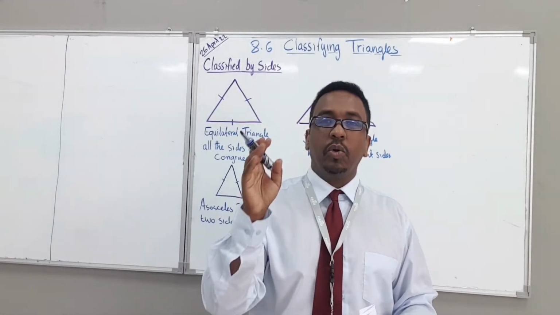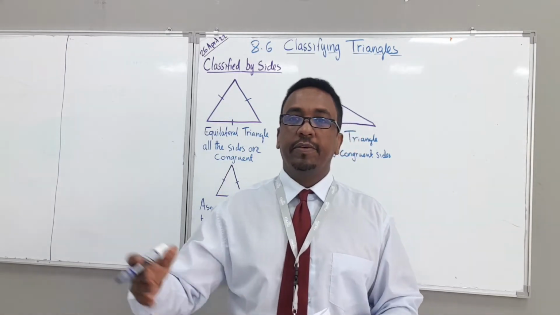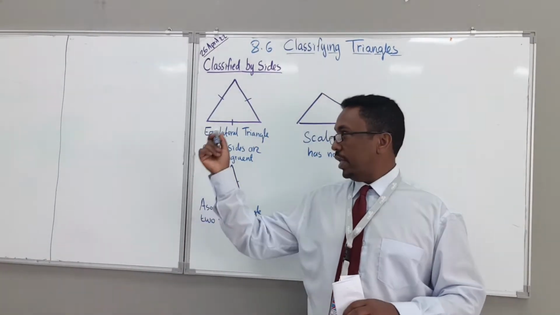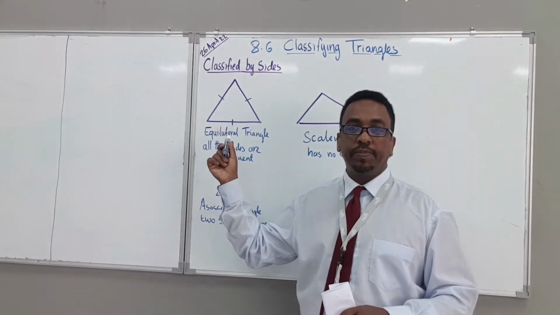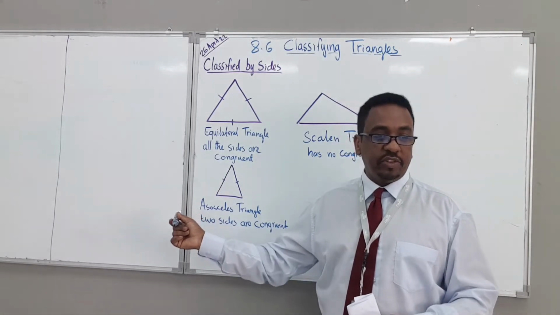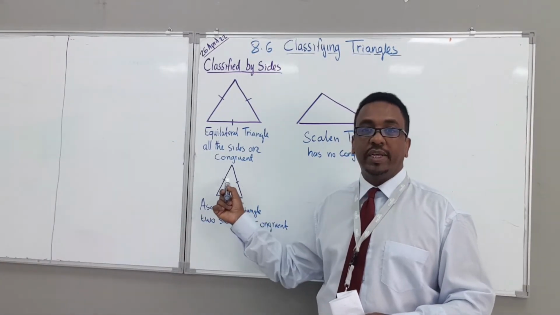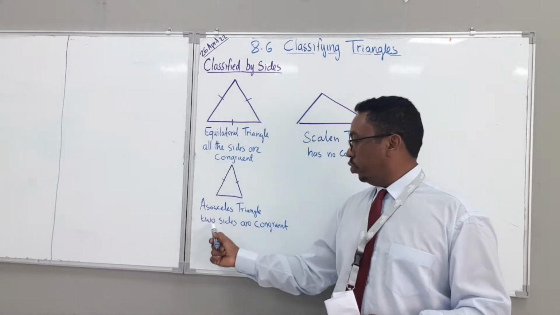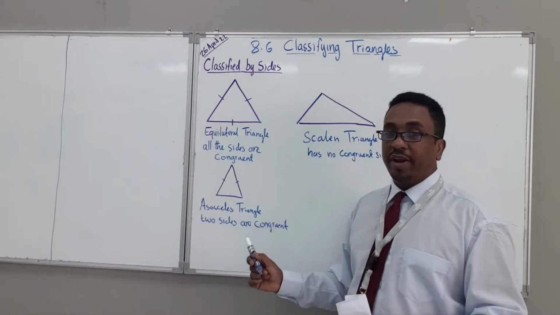Yes. So far we have three triangles. The first one is the equilateral triangle. All the sides are equal, and this mark tells us that. The second one is the isosceles triangle, which has at least two sides equal, so two of the sides are congruent.